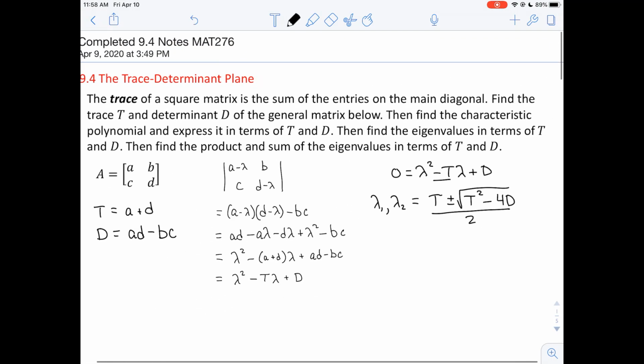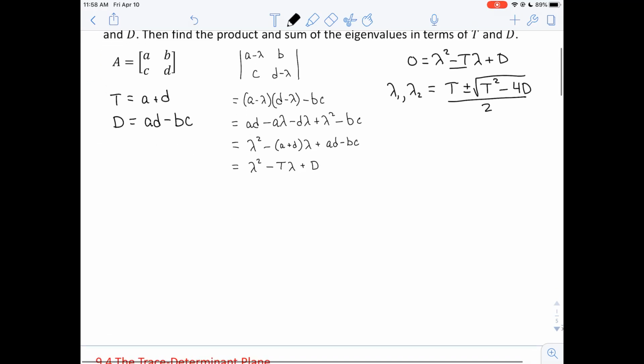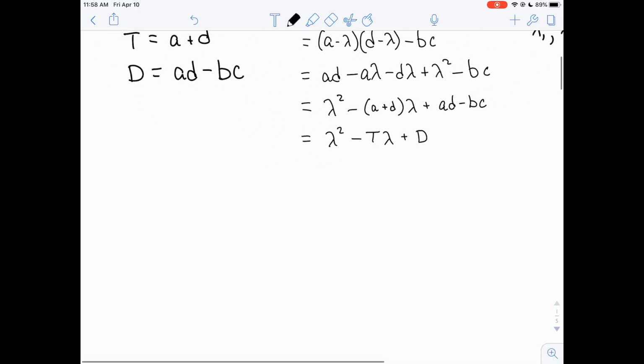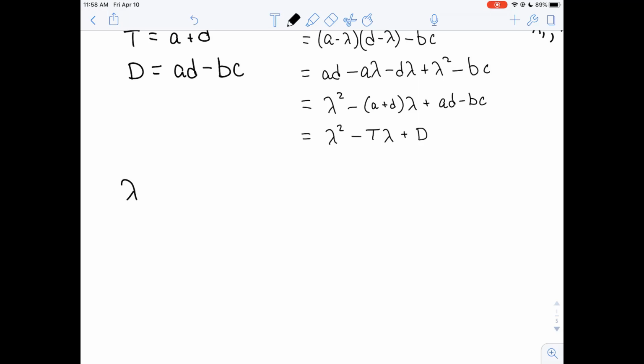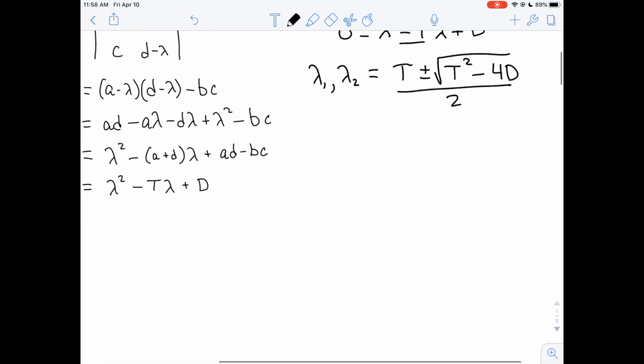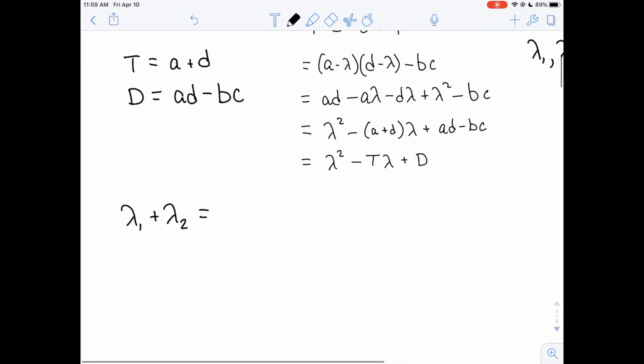The next is find the product and sum of the eigenvalues and express those in terms of t and d. So let's do that down here. It says product and sum. Let's do the sum first. That'll be easier. So we're going to say, hey, what's lambda 1 plus lambda 2? And I'm just going to add these two expressions together and see what happens.